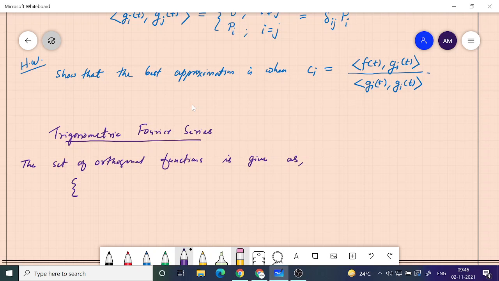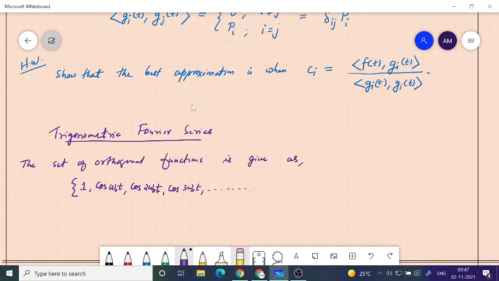The first entry is a constant, the first function, and a constant is also a power signal because its energy is infinite. The constant value is 1. The second entry is cos omega 0t. The next entry is cos 2 omega 0t, then cos 3 omega 0t, and it goes on.